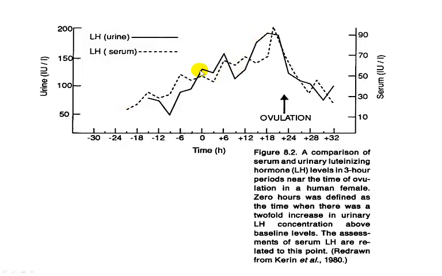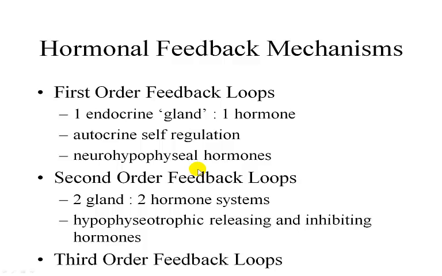And what we'll find is that in females during the reproductive cycle, there's a switch from negative feedback over here to positive feedback, so that estrogen causes this LH surge. That's what we want to start thinking about, is the feedback.